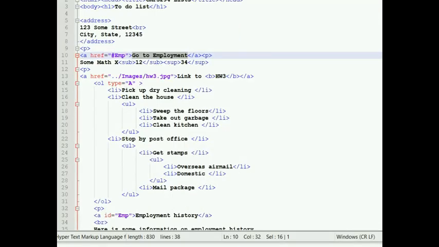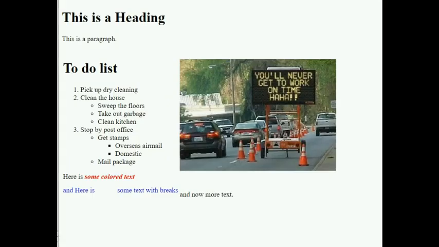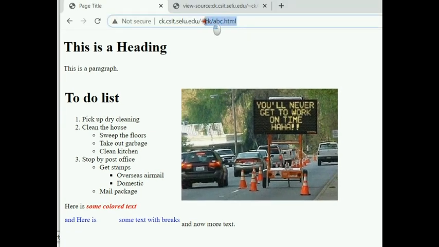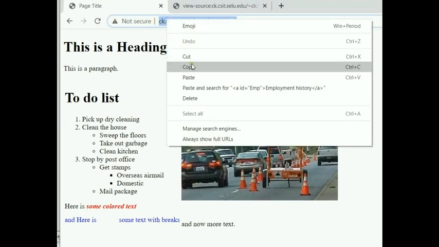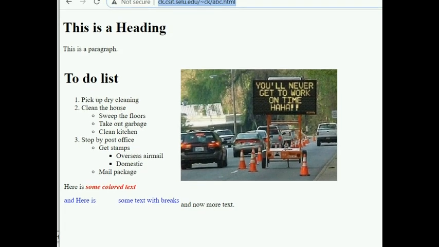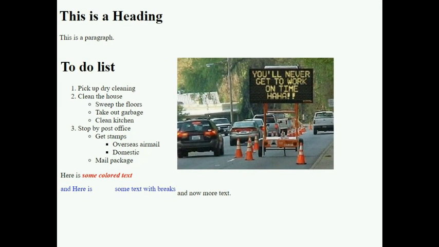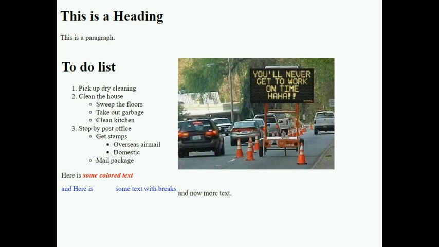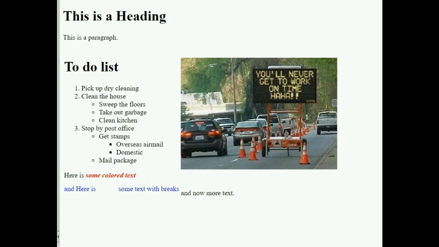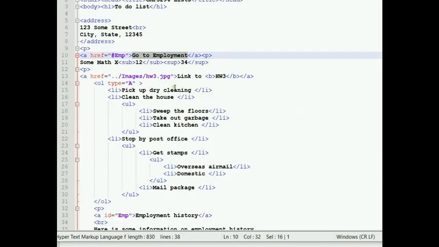Back to our example. Let's consider the original file that we were seeing. This file exists on a server, and this is the URL for it. What I'm going to do is link it to my example file.